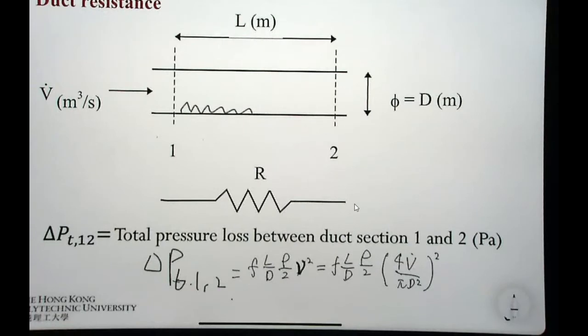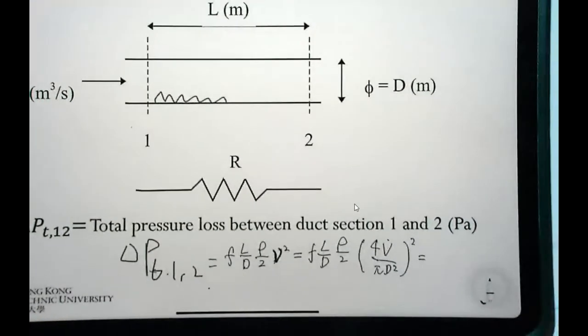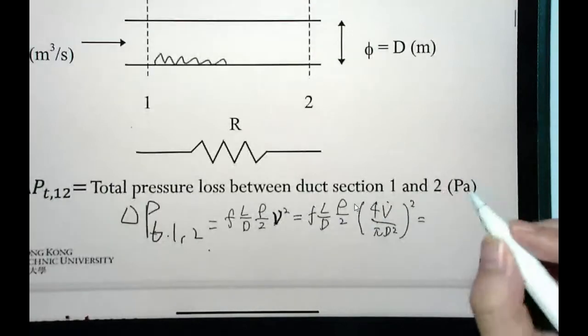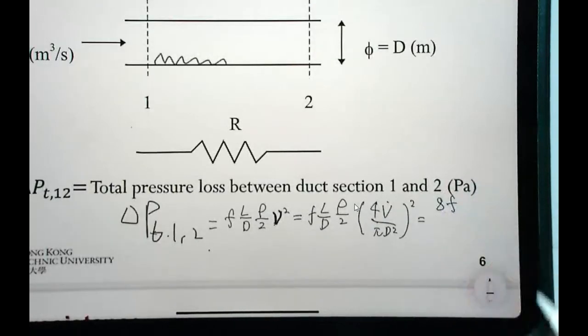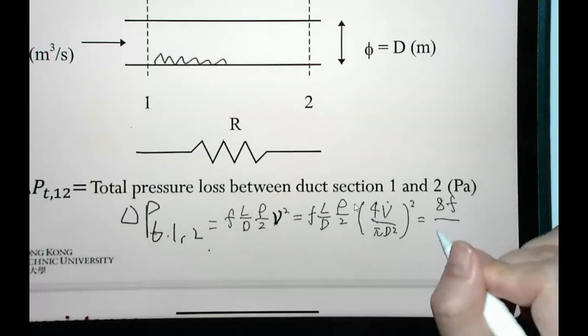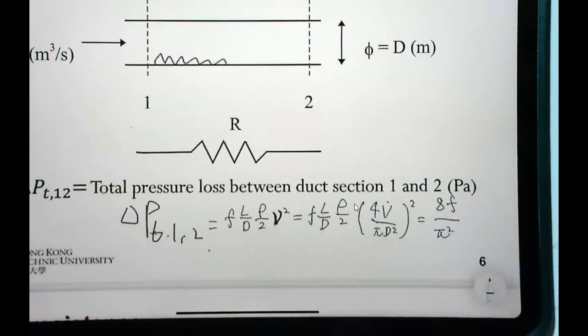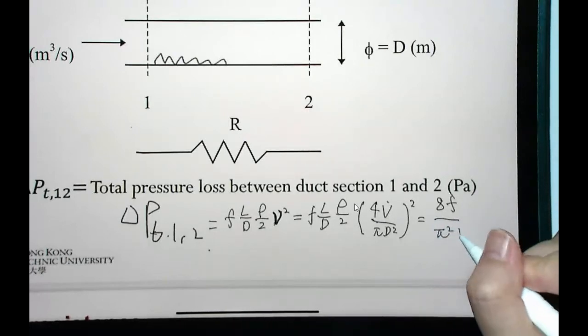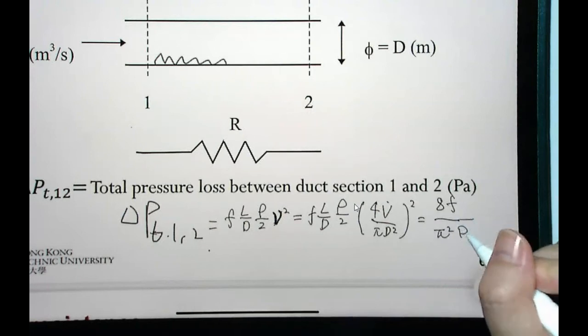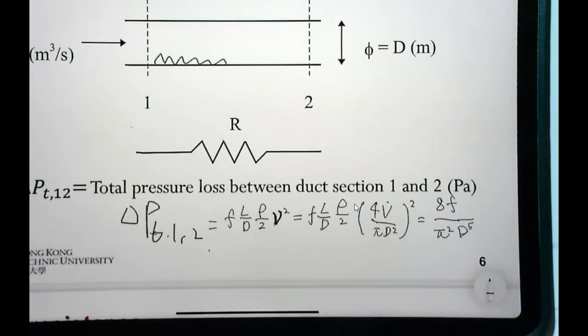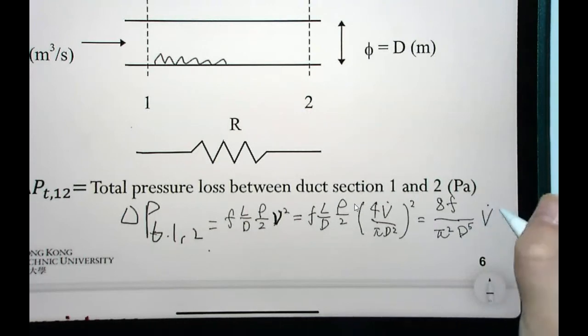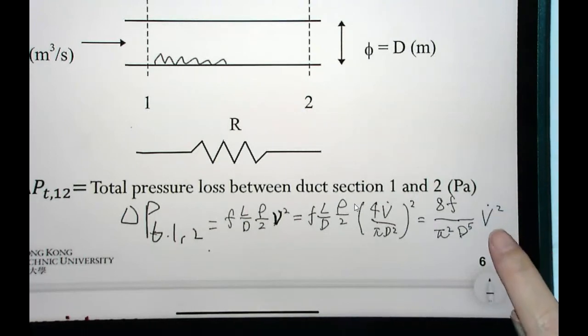And then it actually equals 8 times the friction factor times the length, divided by pi squared times the diameter to the order of 5, times the square of the airflow rate.